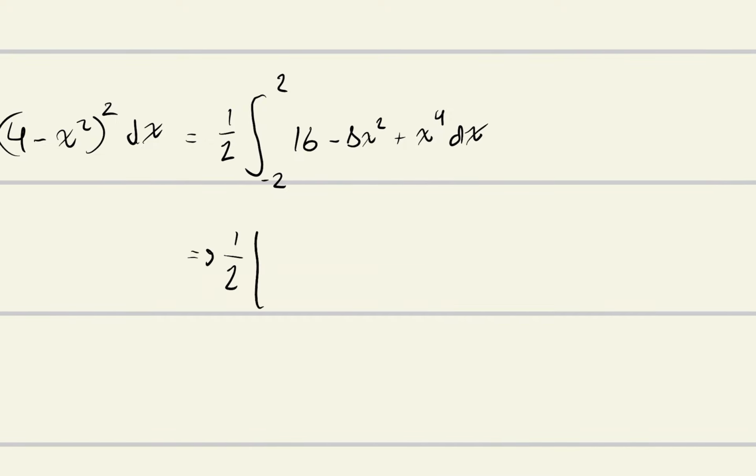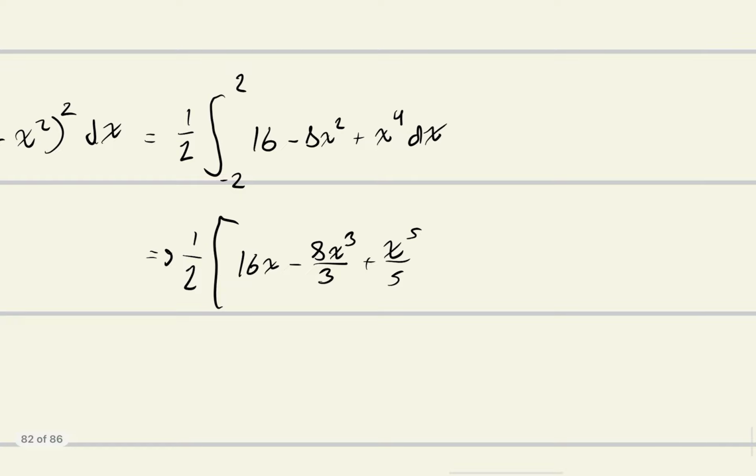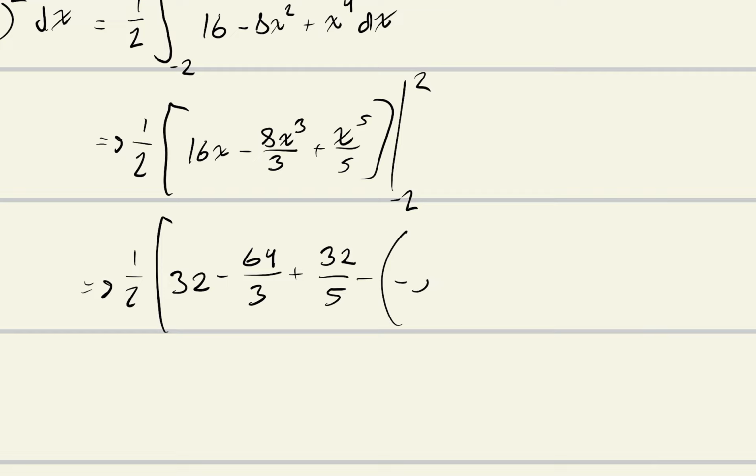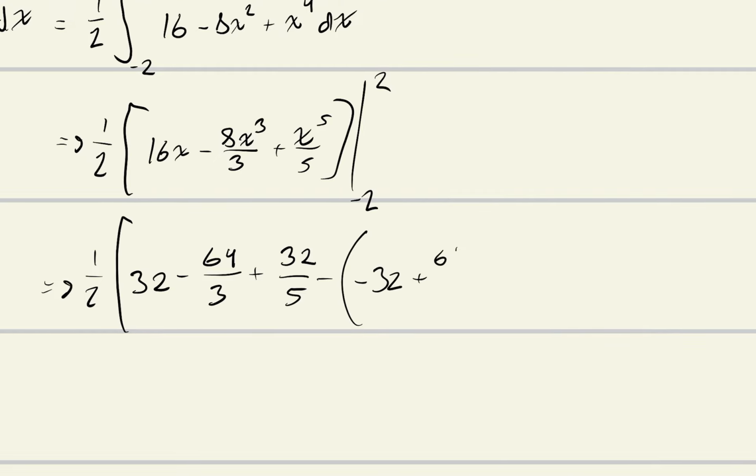And we can go ahead and integrate that. That would be 16x minus 8x cubed over 3 plus x to the 5th over 5, evaluated from negative 2 to 2. And we can go ahead and evaluate that. That'd be 32 minus 64 over 3 plus 32 over 5 minus negative 32 plus 64 over 3 minus 32 over 5.